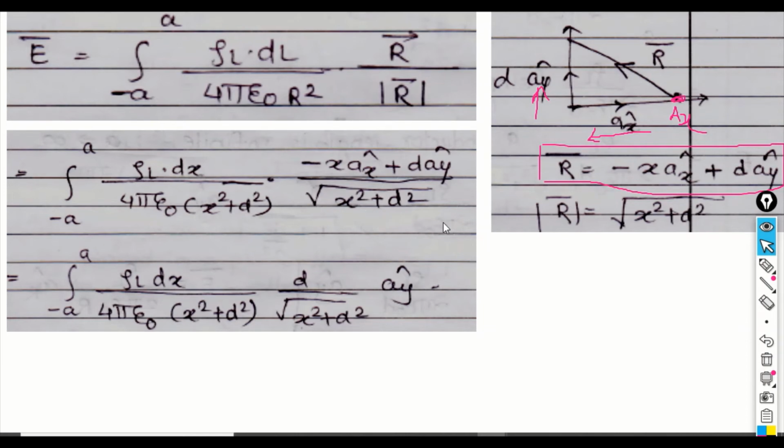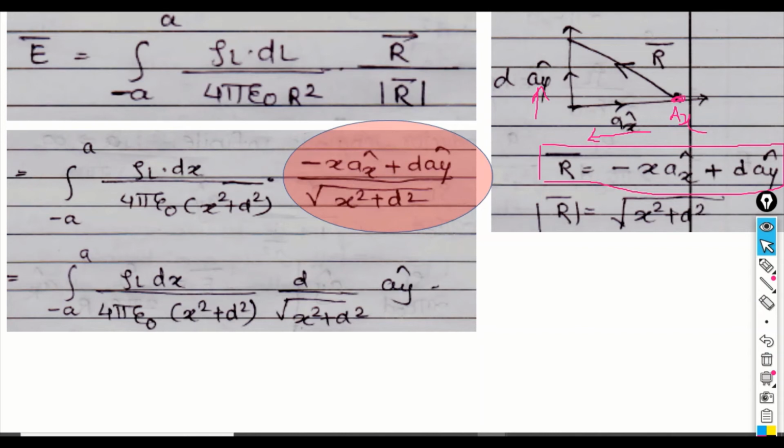Now you observe that whenever you are writing the equation for electric field intensity, you are getting two components, x component and y component both, after writing the vector r. In the previous discussion we have seen that there is no component of electric field intensity along the x direction. All the charges on the positive side are cancelling the effect of the charges on the negative side.